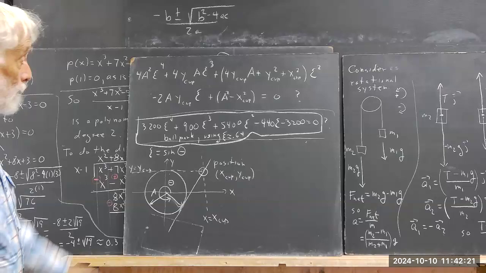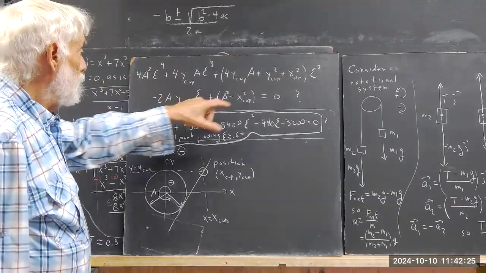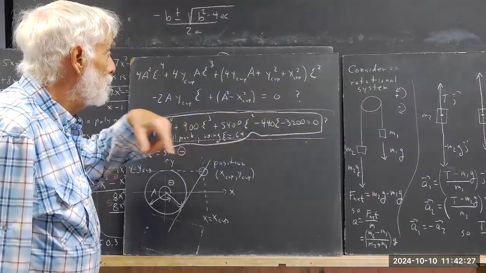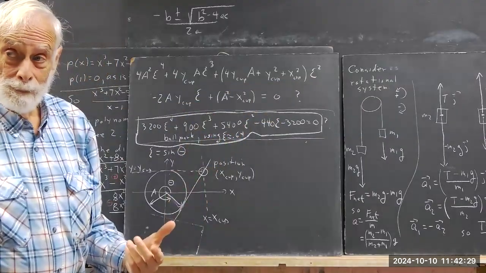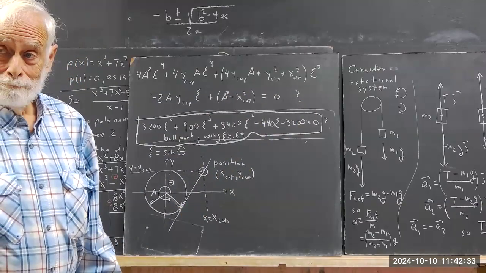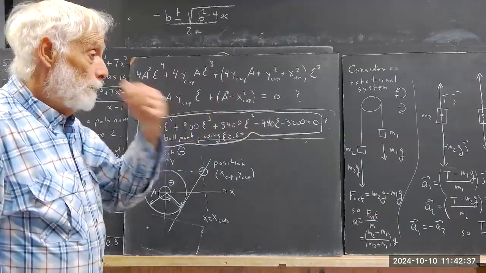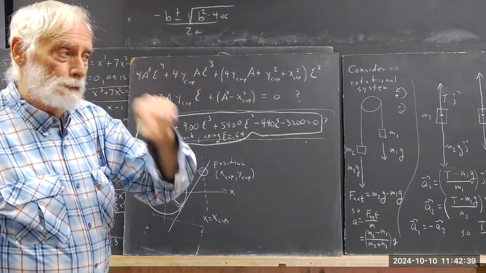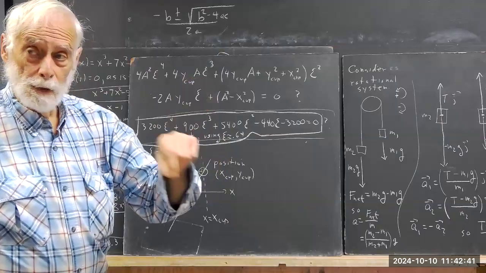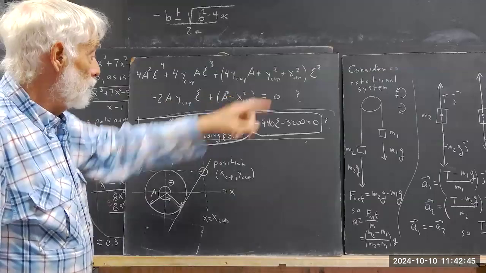But that's where this comes from. And you see, you got A's and y cups and x cups. Those are just the coordinates that we can measure with a meter stick. So you plug in what looks like the right values of A and the angle and so forth, and see if this is 0.